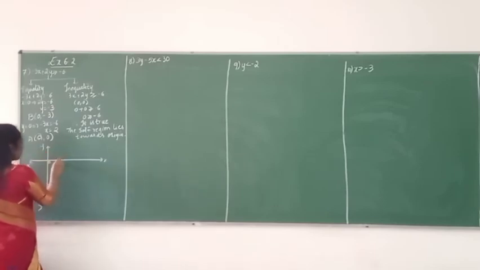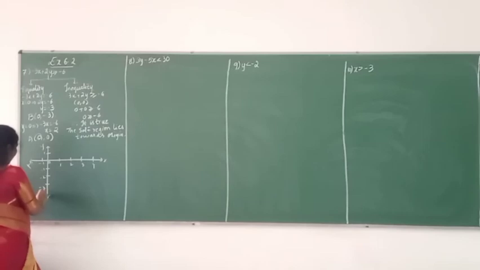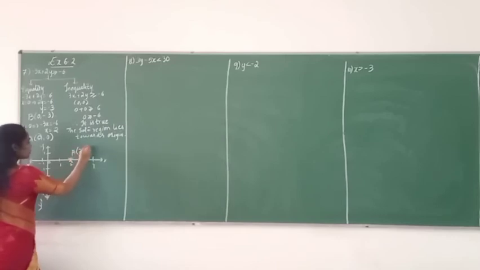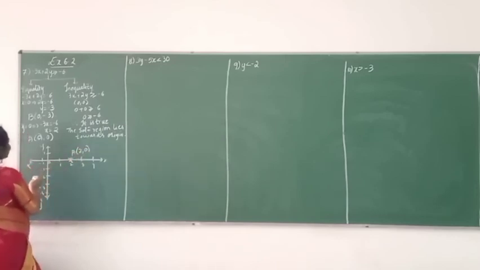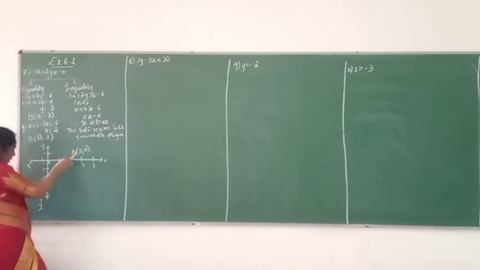So 0, 1, 2, 3 and 4, 1, minus 1, minus 2, minus 3 and minus 4. Now A point is nothing but 2 comma 0. Next, B point is nothing but 0 comma minus 3. Here, as it is greater than or equal to, it will be a bonded line.